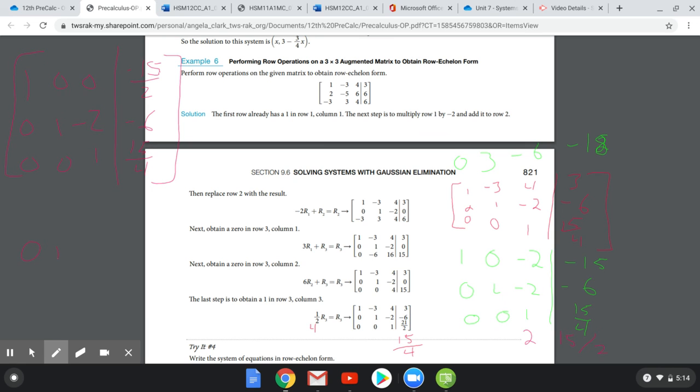It's 0, 1, 0. And then negative 6 plus 15 over 2. So that's negative 12 over 2 plus 15 over 2 is 3 over 2. And then the rest of my rows are the same.